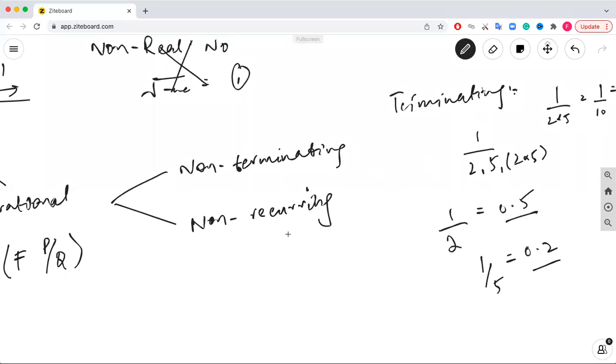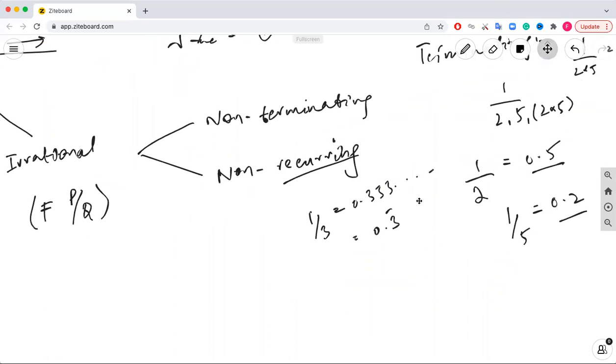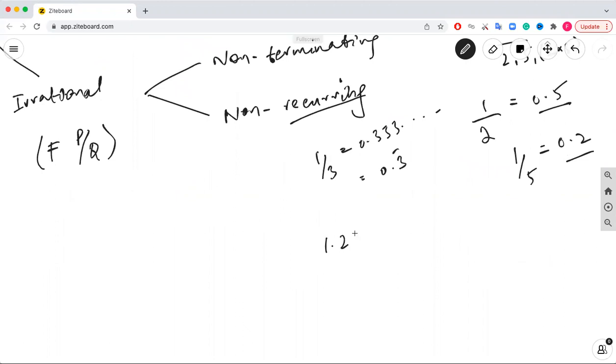And the other is non-recurring. Recurring fractions are just like, let's suppose we have 1 over 3, that is 0.333. The 3 goes on and on. So we usually show this by a bar over 3, right? But non-recurring numbers are just like, for example, 1.2357 and so on. There is no repeating pattern.